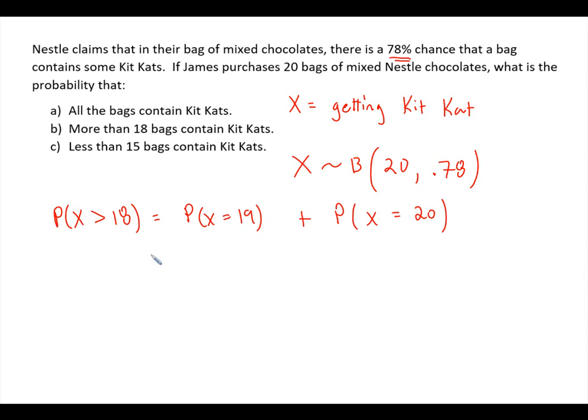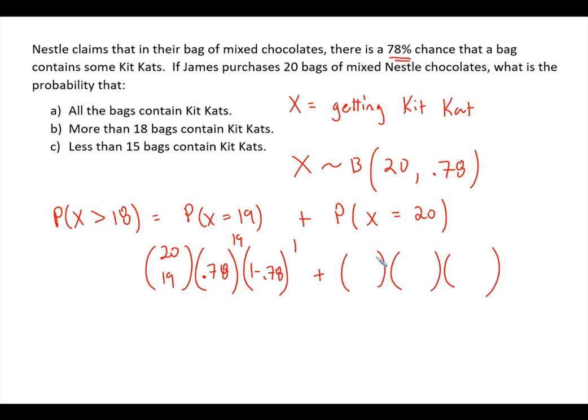If we write it out using the expansion, this would be 20, 0.78, 1 minus 0.78, with 19 here and 1 there. Then over here, expanded out, this is 20, 0.78, 1 minus 0.78, with 20 and 0.